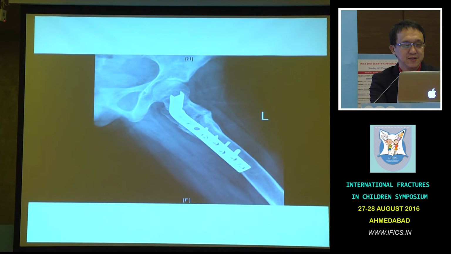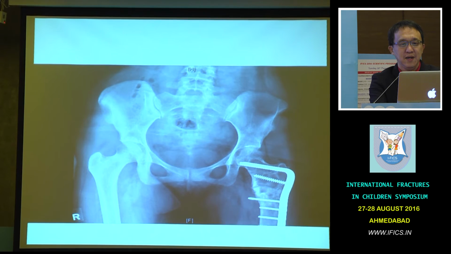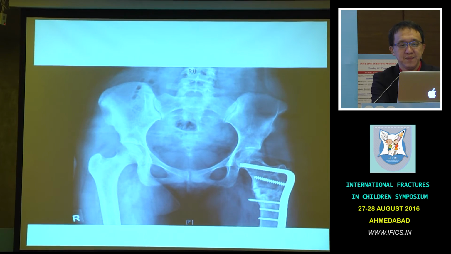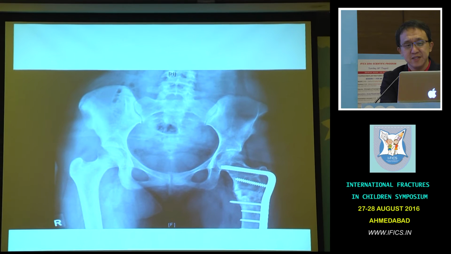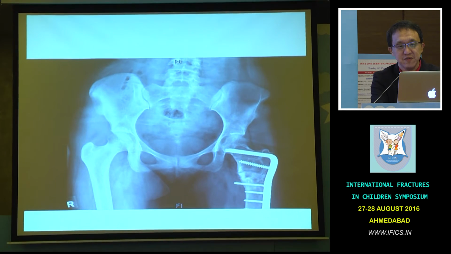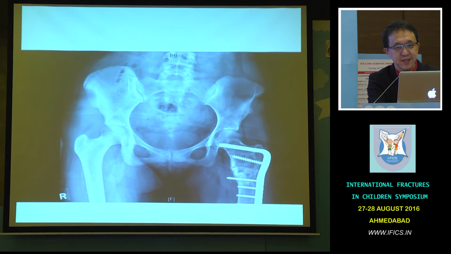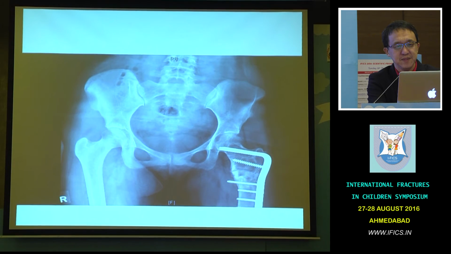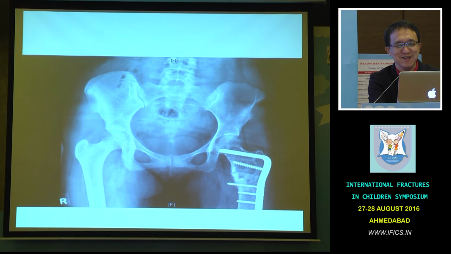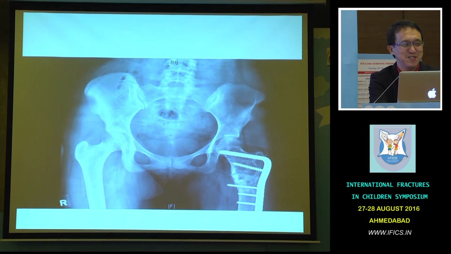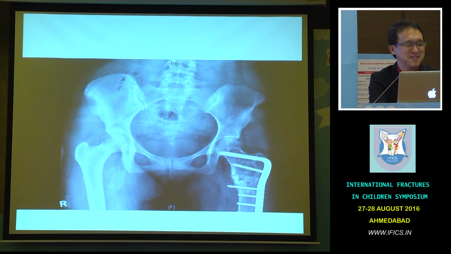I think now it's almost similar in terms of neck shaft angle compared to the contralateral side. So in the end, the good old cheap angle blade plate works better than my more expensive Synthes.